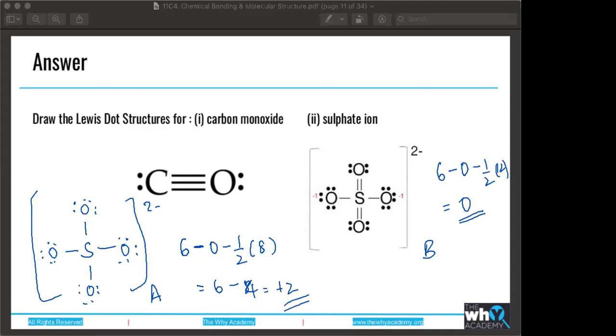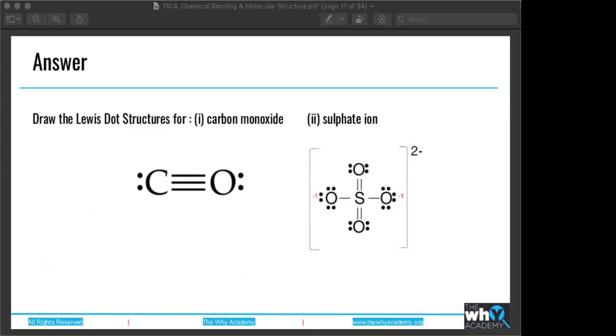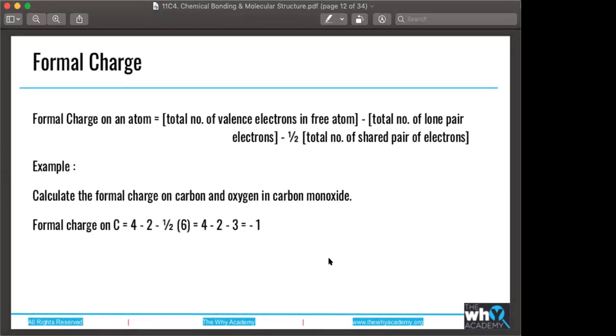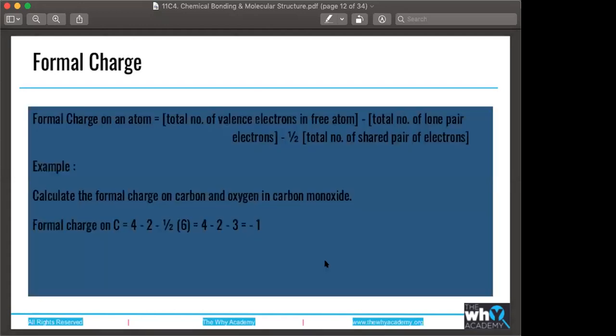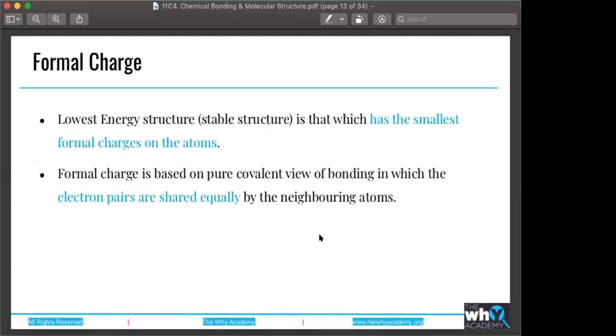So another important point about formal charge is that the structure which has the lowest amount of formal charge is the most stable structure. So the lowest energy structure, or the most stable structure, is the one which has the smallest formal charges on the atoms.